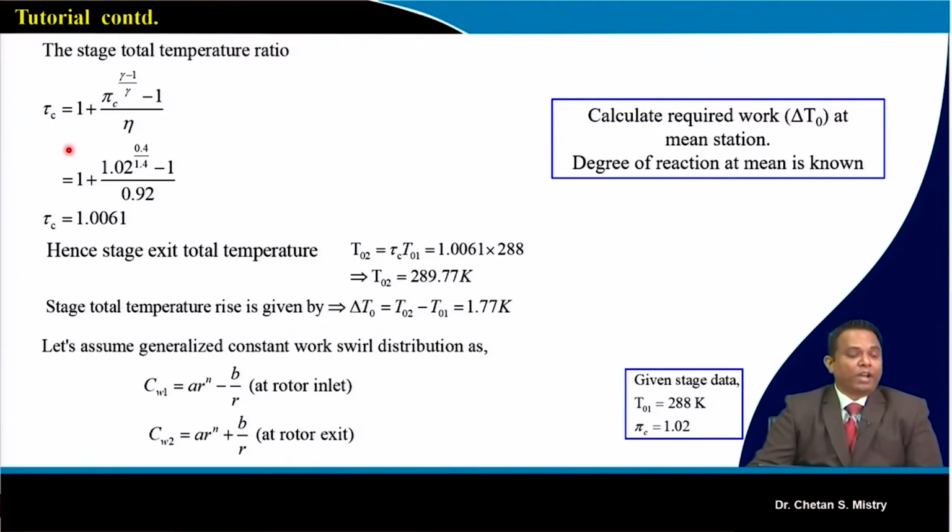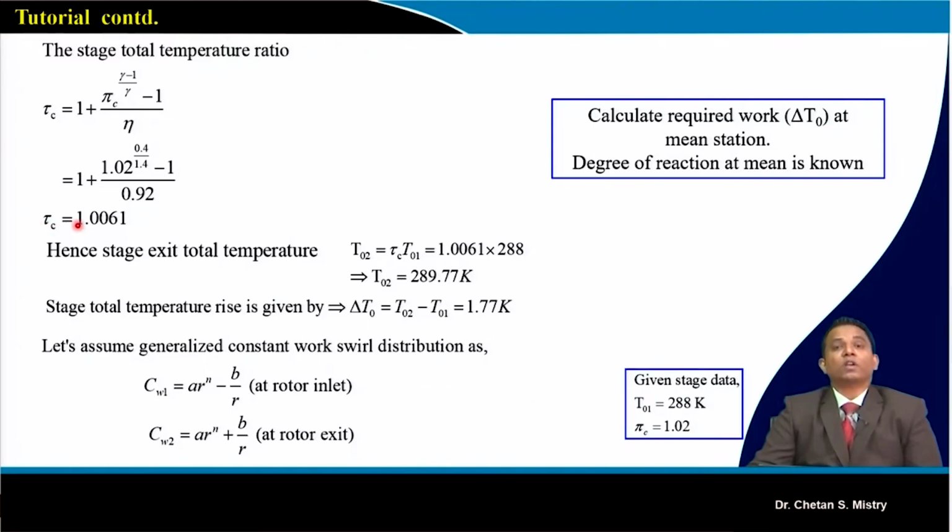If we write down, our temperature ratio is given by 1 plus pi c to the power gamma minus 1 over gamma, minus 1, divided by efficiency. Our pressure ratio is known to us, efficiency is also known to us, and that gives me my temperature ratio as 1.0061.